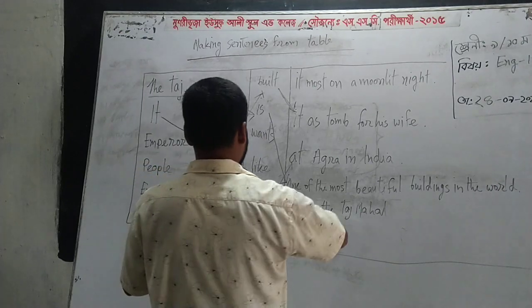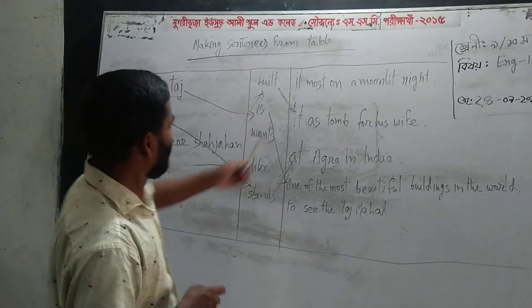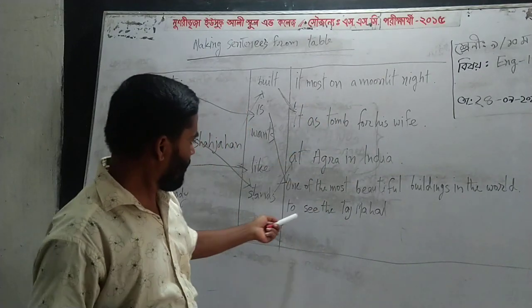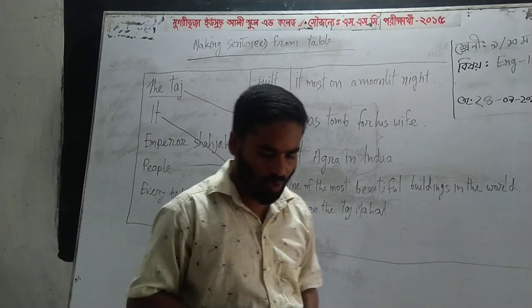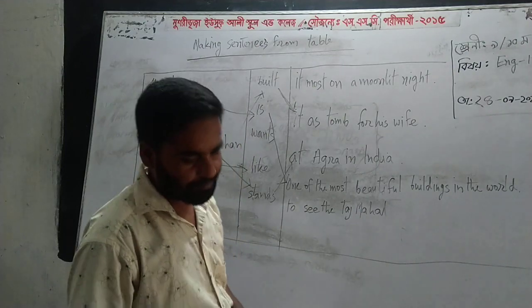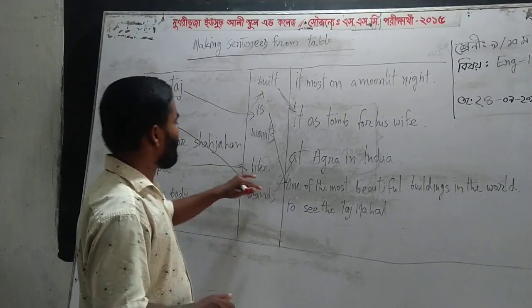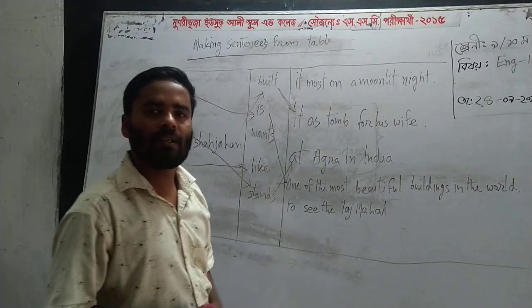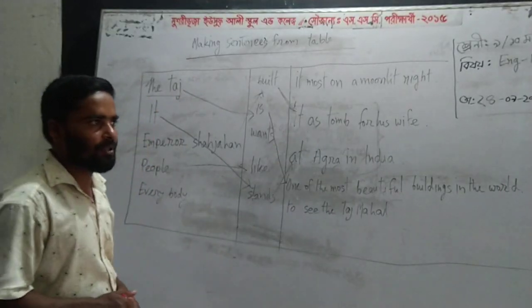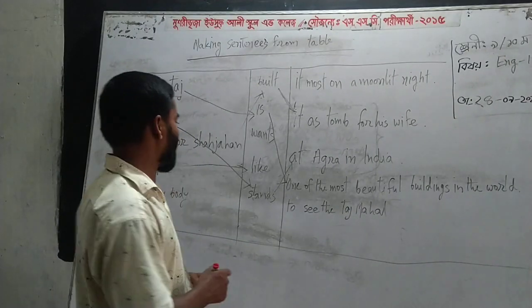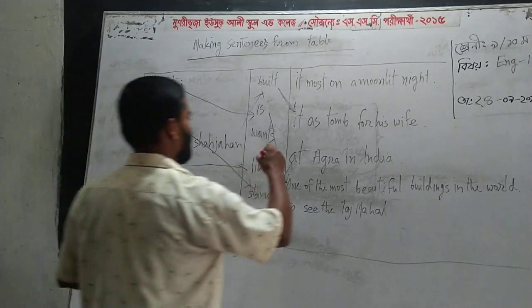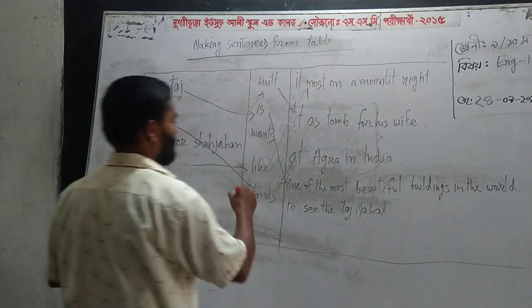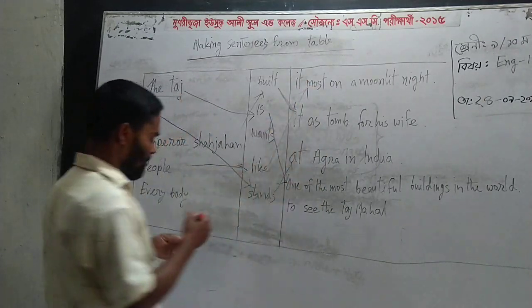What will be the object? Actually, people like to see it most on a moonlit night. People like to see it better on a moonlit night, and for this reason this verb goes to this object.